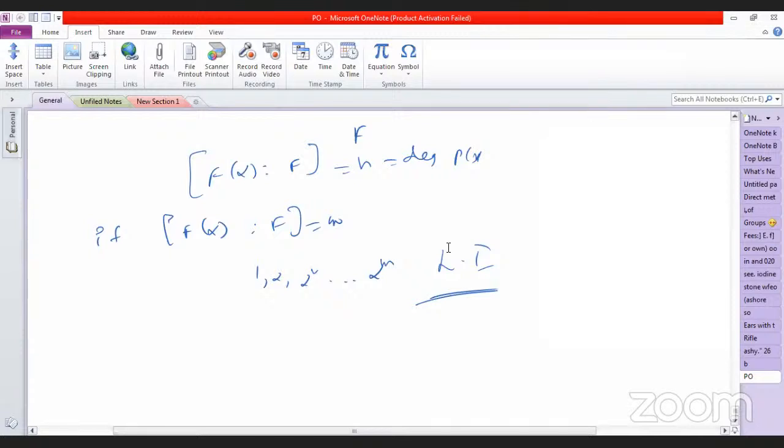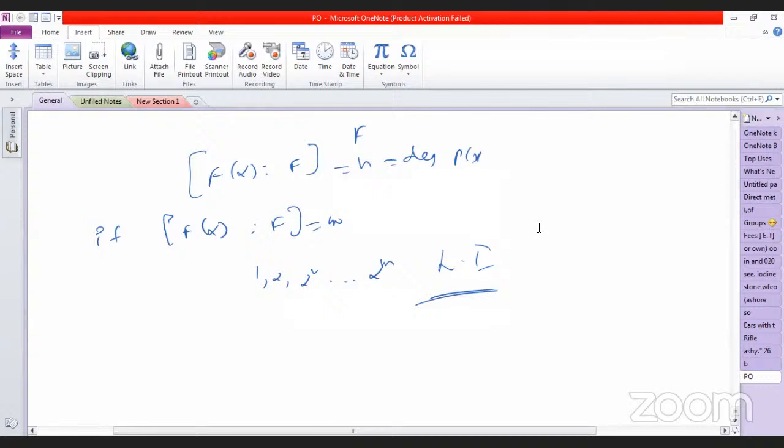What is the meaning of linearly independent? If the combination equals 0, it means trivial. Now, what is the meaning of non-trivial? At least one constant is not equal to 0. Exactly.